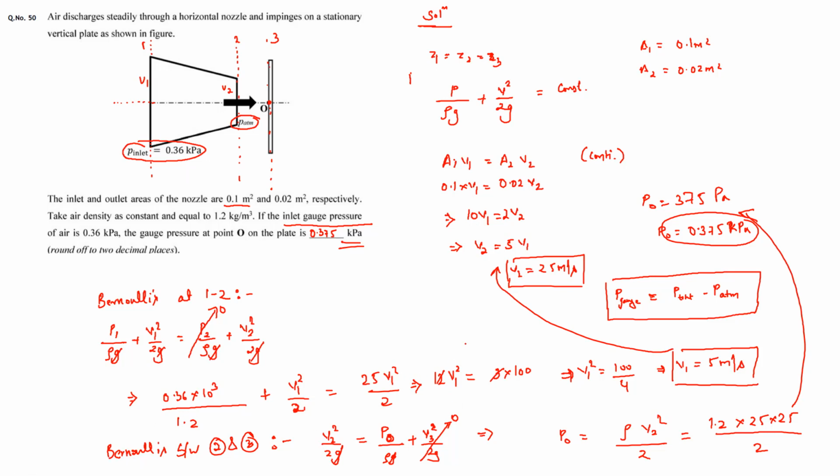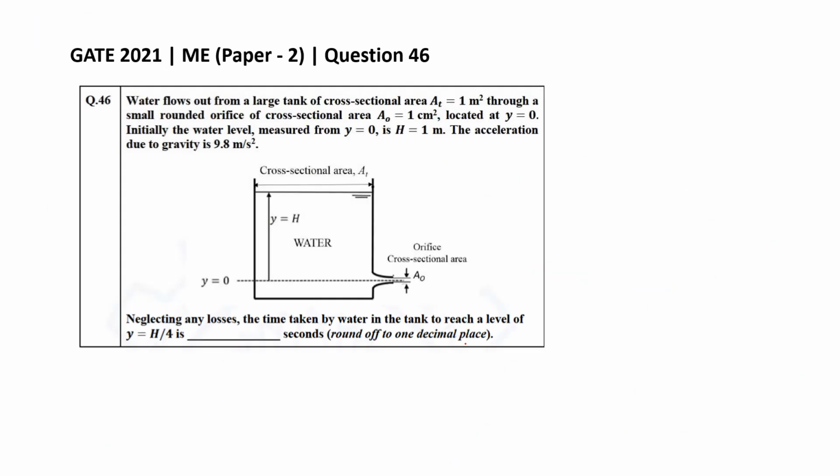Okay, then let's move on to the next one quickly. Yeah, this is a good question, and this came in GATE 2021, and this is again a 2 marks question. So water flows out from a large tank of cross-sectional area AT, that is 1 meter square, and then it flows out through some small orifice which has cross-sectional area A naught, located at y equal to 0.